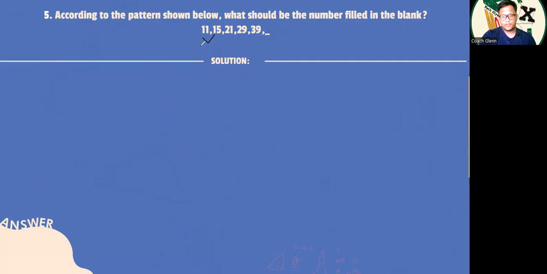This is plus 4, 11 to 15. 15 to 21, that's plus 6. 21 to 29, that's plus 8. Then plus 10, plus 12. See, the plus is the even number.